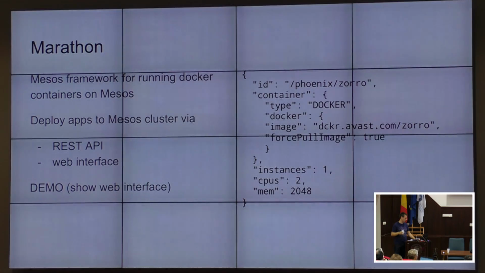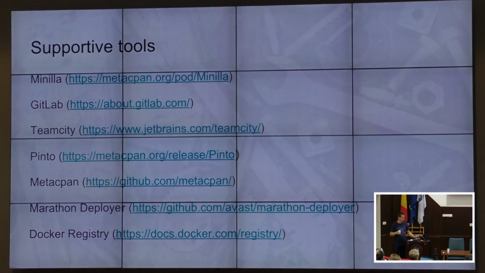I'll not be showing the web interface because we don't have much time. I will show it in the demo at the end of the presentation. So you saw Docker, you saw Mesos and Marathon, and that's the tools that we use for running our Perl and other applications. Are there any questions regarding Mesos and Marathon?